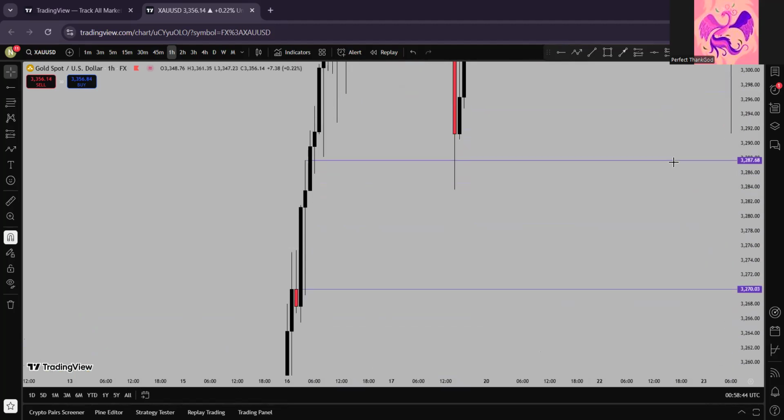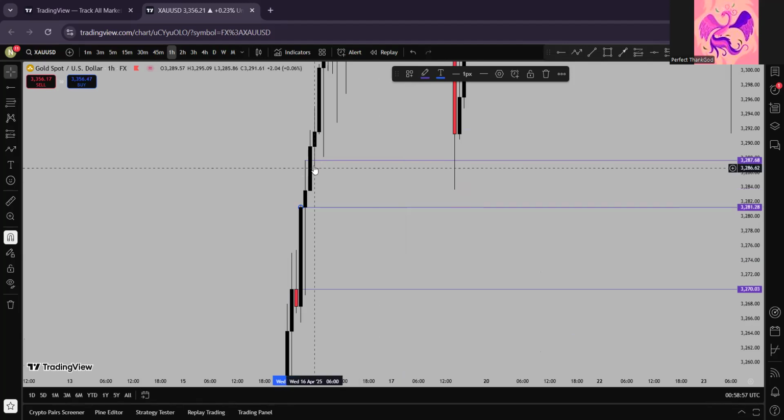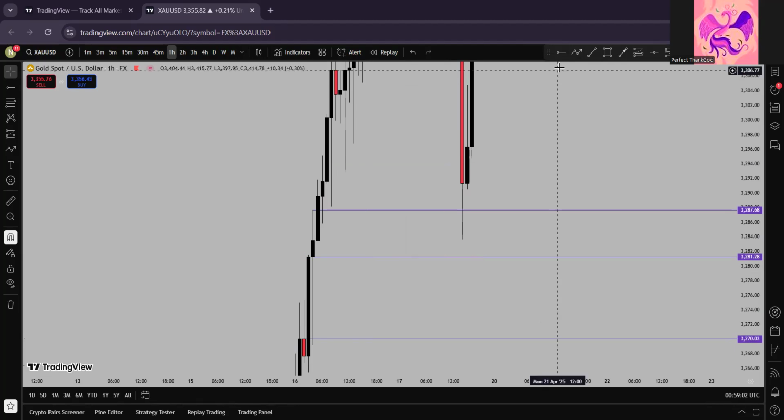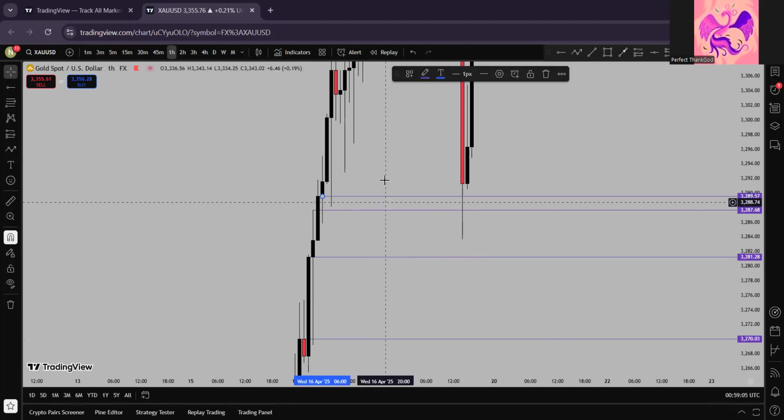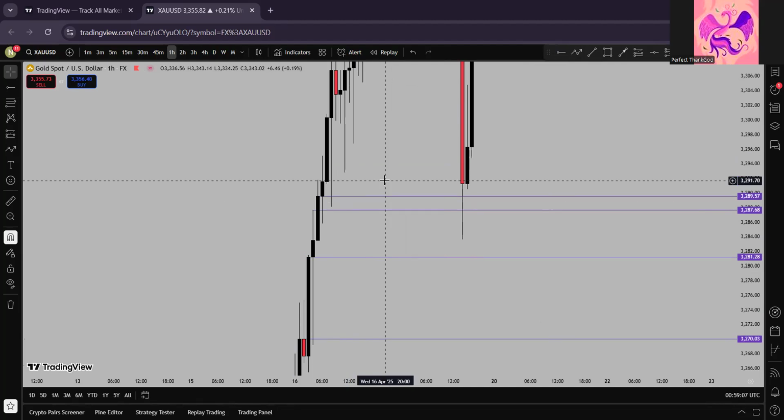Very simple. You can see we have these points here that have not been tapped. We had this point here that has not been tapped, but price came, tapped here, and flew. And you can see another example of the one I showed you before. It's all the same thing. You can see, price tapped. This is the last one I just showed you.